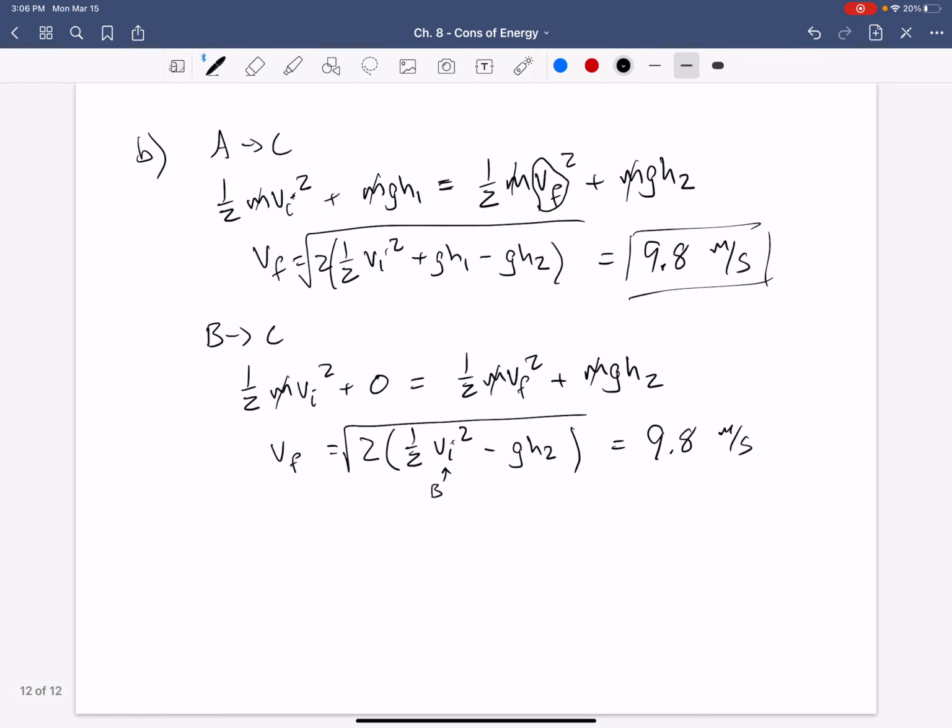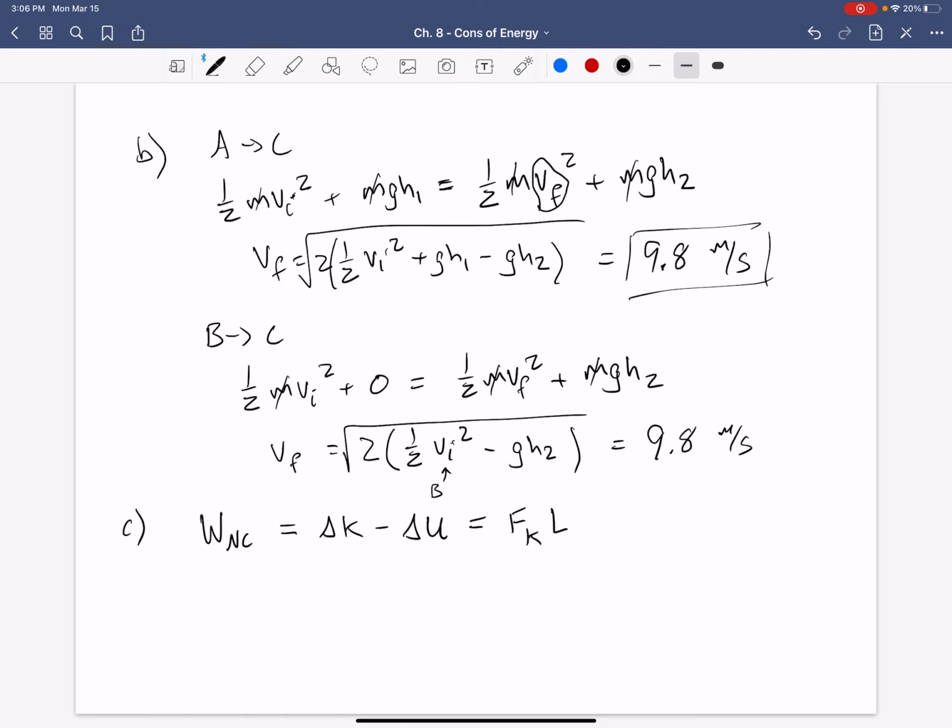To answer that, for part C, we can use the non-conservative energy conservation equation. Work non-conservative equals delta K minus delta U, or plus a negative delta U. And this is the same as that non-conservative force, which is friction, times the distance, in this case L. So let's see.